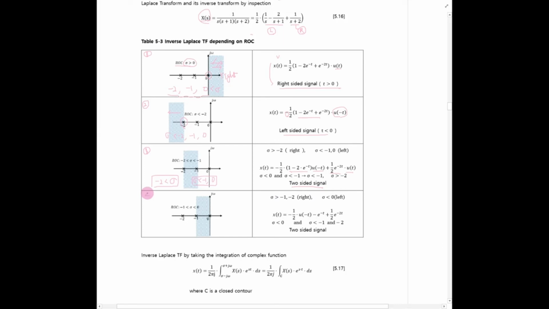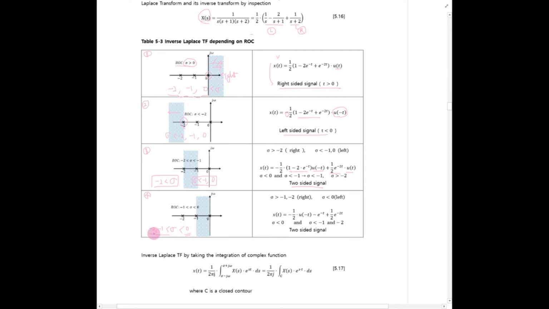Last one, the region of convergence is defined in between -1 and 0. We need to interpret the region of convergence. This region of convergence can be interpreted as greater than -2 and -1. So in these two signal cases, this one is right-sided, and this one is less than 0, so this is left-sided.